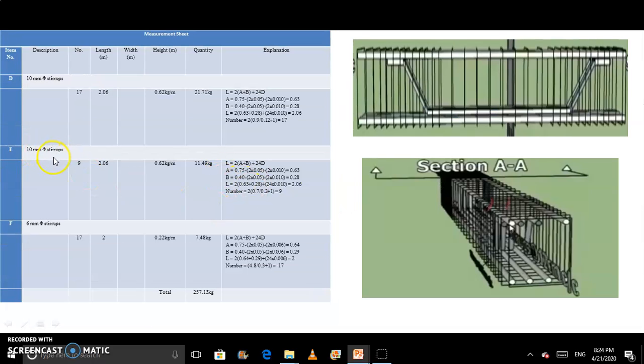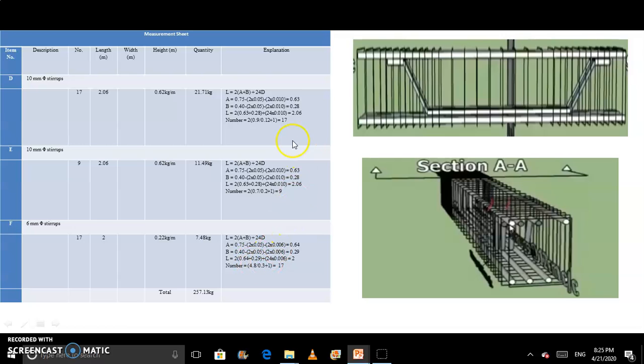For 10 mm stirrups we have provided here a 0.7 length, and the center to center spacing is 0.2. So here we calculate the number of bars as 9. Simply we multiply these values and get 11.49 as the answer. We have to find the a plus b value here in the same way, and the same here also.